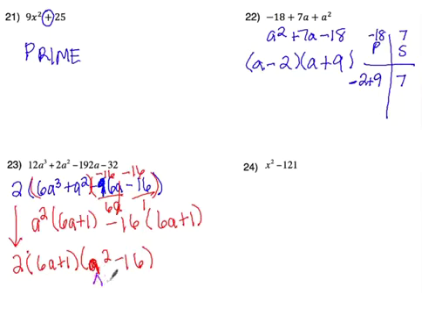So a squared, this is a difference of squares. So this becomes a times a, this becomes 4 times 4, right? And so my final answer here will be 2 times 6a plus 1 times a plus 4 times a minus 4. You just always have to look to make sure everything is in its simplest form and you can't break it down any further.